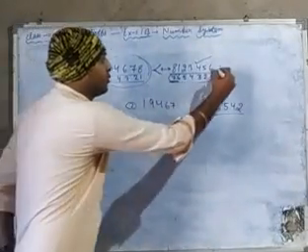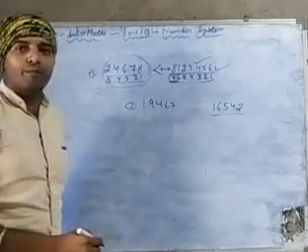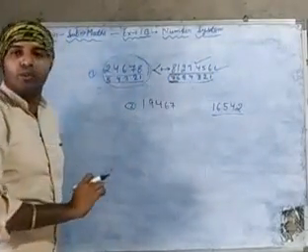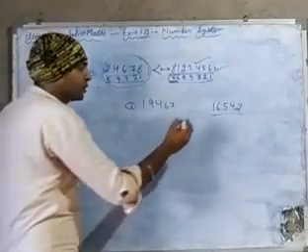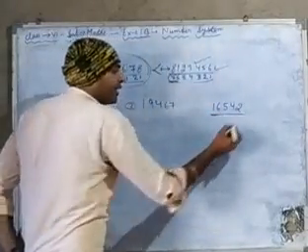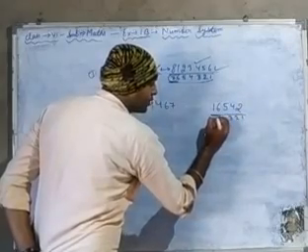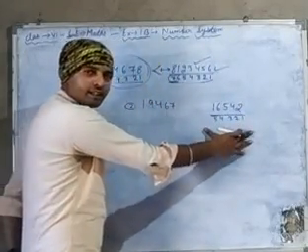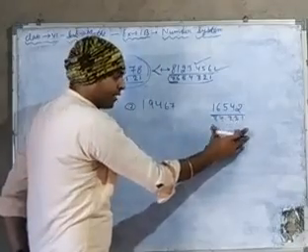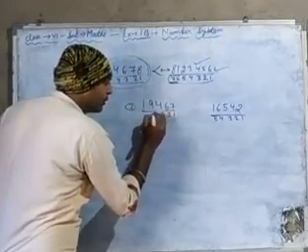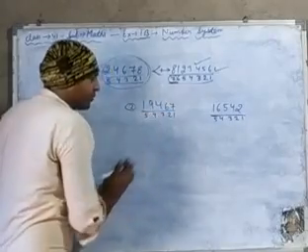Now, as in our first example, we have to count the digits. So now we are counting 1, 2, 3, 4, 5. How many digits are there in this number? 5 digits. And in this one, 1, 2, 3, 4, 5.